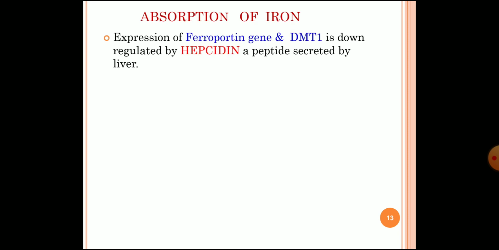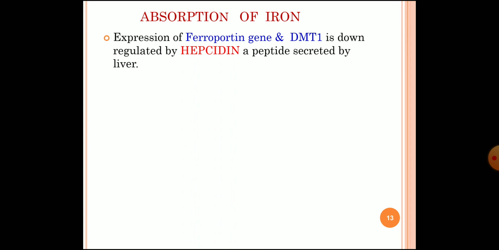The expression of the ferroportin gene and the DMT1, the divalent metal ion transporter, is downregulated by hepcidin, which is a polypeptide secreted by the liver. How the absorption is regulated is explained by a theory called the mucosal block theory, and how this theory works is what we are going to explain.